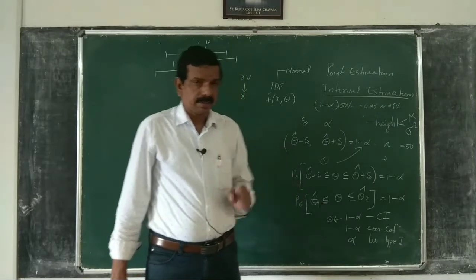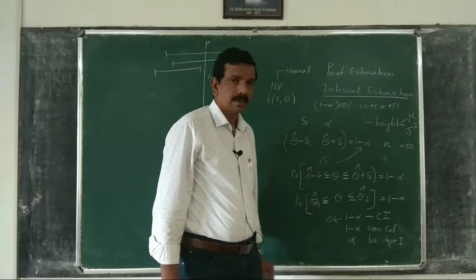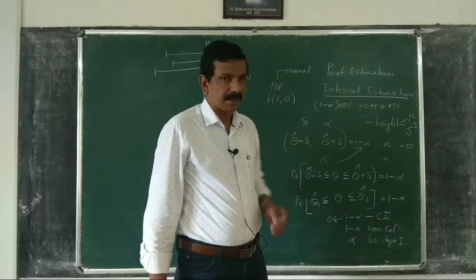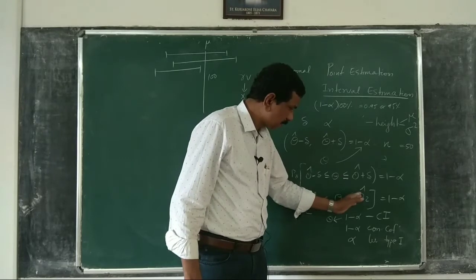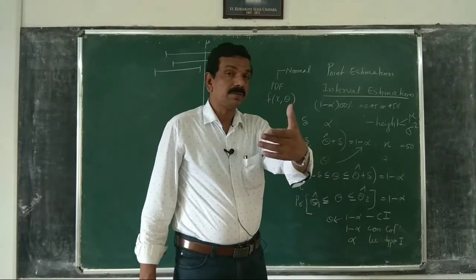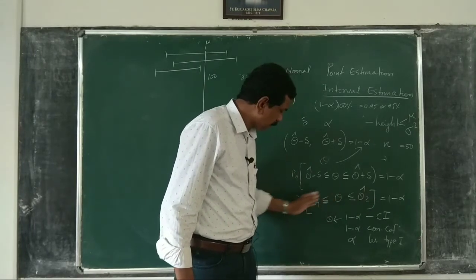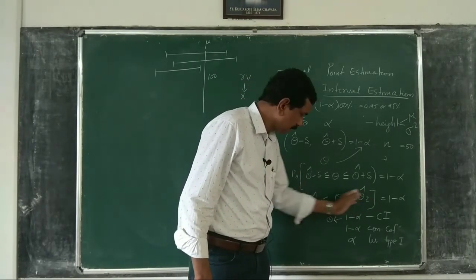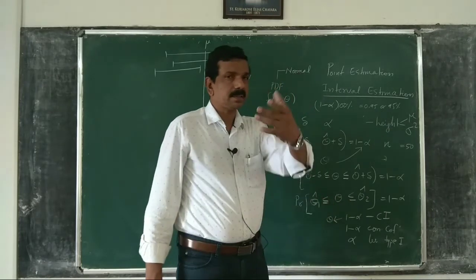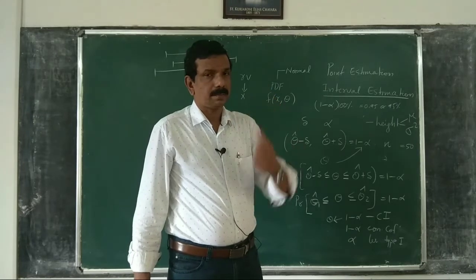The interpretation is, if we construct intervals like this a repeated number of times, the parameter will lie in such intervals 95 out of 100 times. We cannot say that the probability is 95% that the parameter will be in this interval, because the parameter is a constant. We cannot attach a probability to parameters.